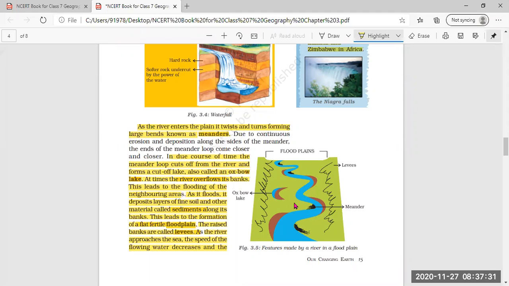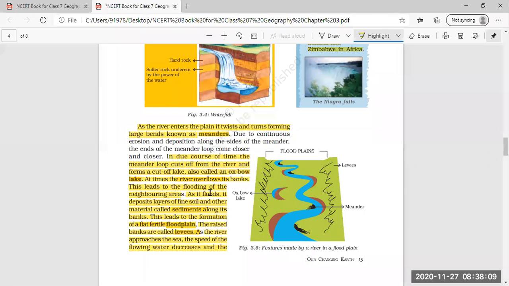And due to continuous erosion and deposition along the sides of the meander, the ends of the meander loops come closer, and after a few years, due to the course of time, these loops cut off by themselves from the river and form a cutoff lake. This cutoff lake is also termed an Oxbow Lake.